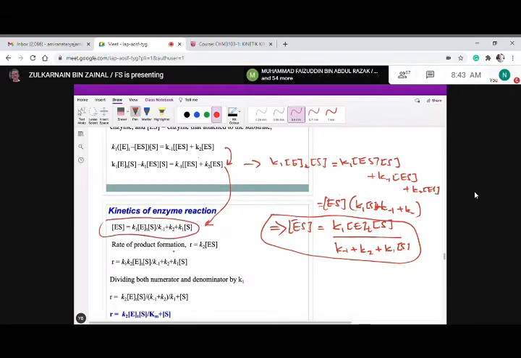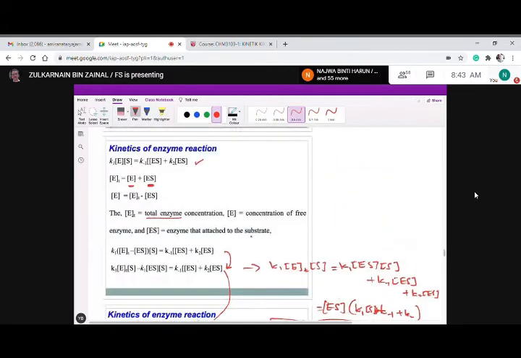The rate of formation of the product can be written from the second equation, which is this equation.